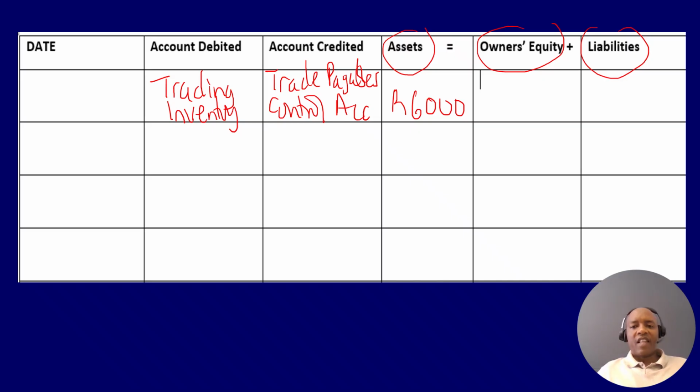Owner's equity, there is nothing. Then liabilities, there is 6,000 as well. So as you can see, our accounting equation is balancing. We are saying 6,000 is equal to 6,000. We have recorded a transaction in an accounting equation following the double entry principles.